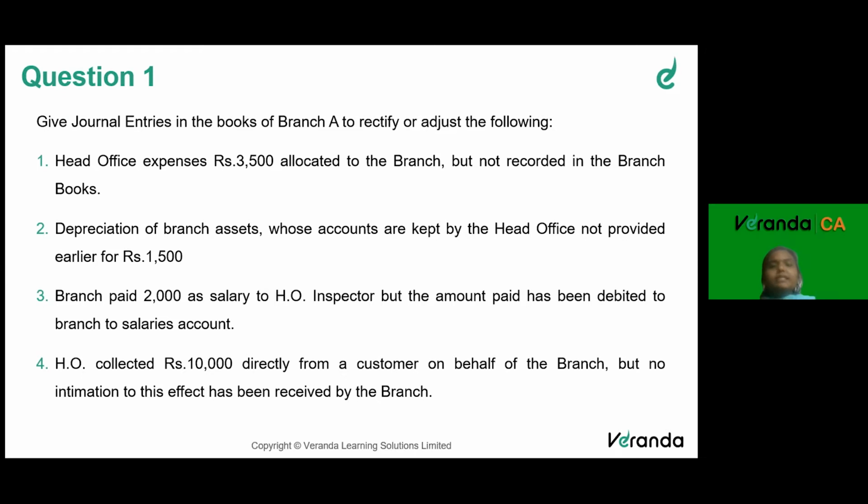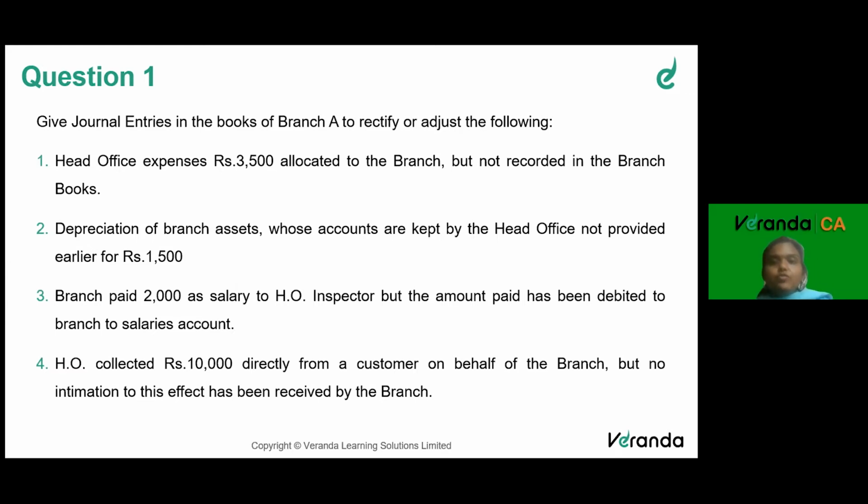Expenses account debit to head office account. Very good. The head office has not intimated this and the branch has not recorded it, but it's an expense of the branch.